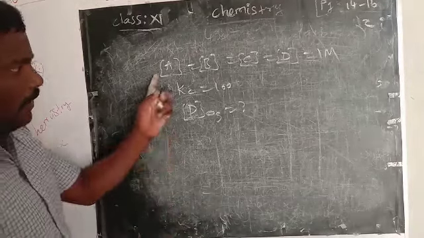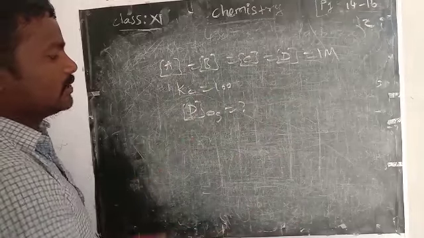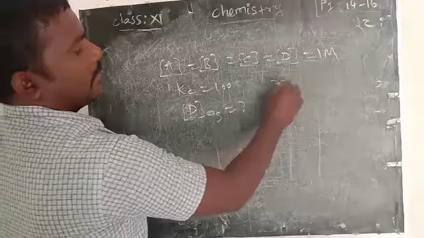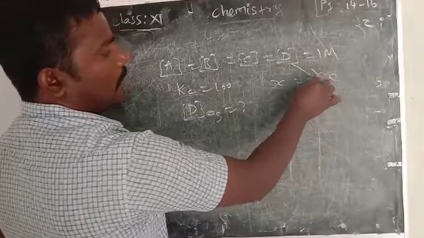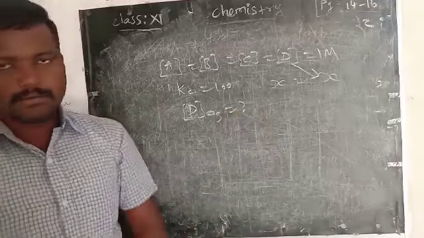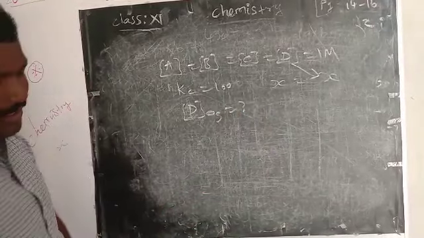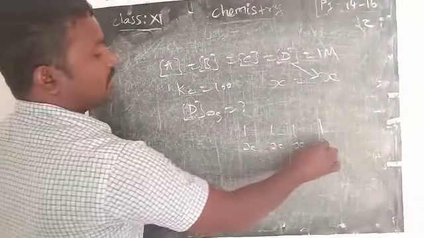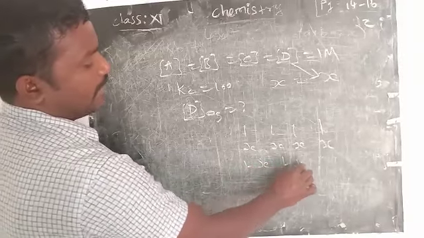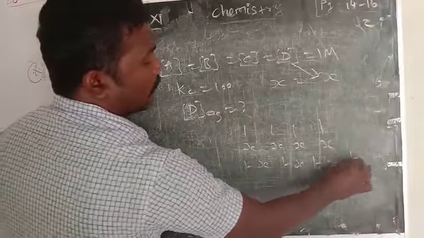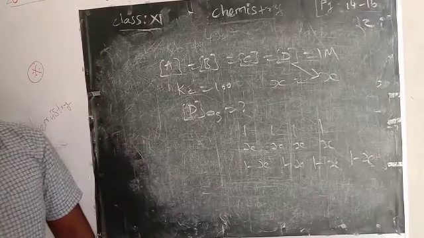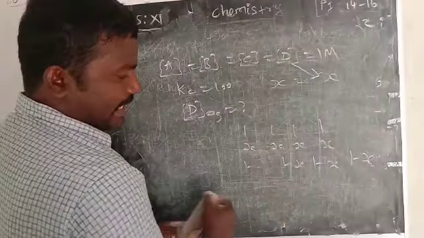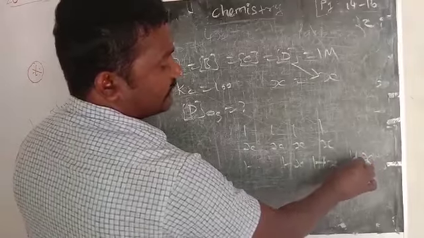If all are equal, A and B will give C and D. So if you want to find one of the products, that is nothing but X moles of reactant reacting means X moles of product will form. So the X value you have to find. How do you find the X value? As usual, initially taken each 1 mole of A, B, C, D. Reacted X, X, X, X. So the remaining reactant side is 1 minus X. Small correction: the product side is 1 plus X, because X will form.